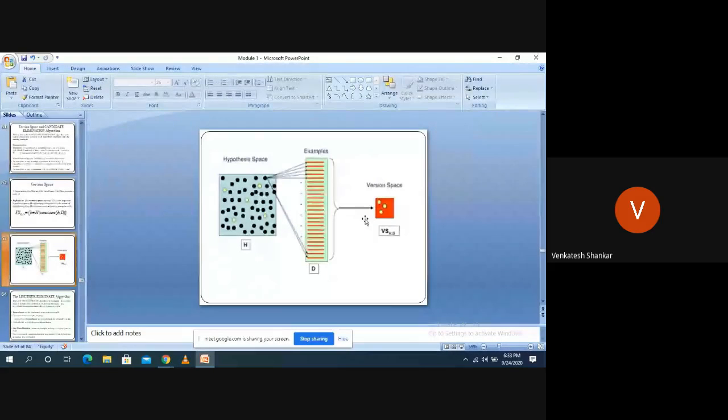I'll repeat once again: the version space is represented by VS H comma D, where VS is version space, H is hypothesis, and D is the trained data sets. Now, in this pictorial representation, on the left hand side we can look at the hypothesis.